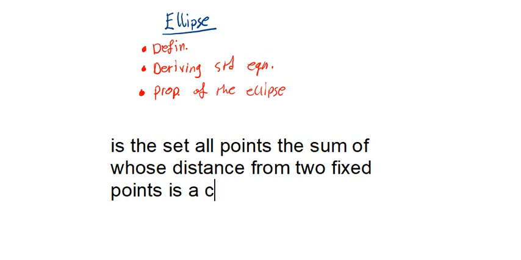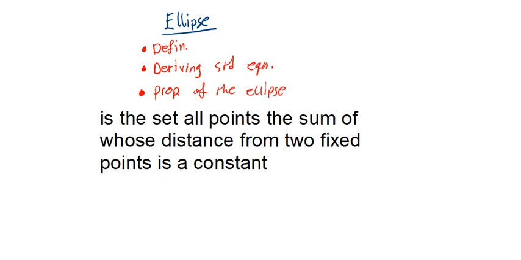Okay, so this is the simple definition of an ellipse. Even as we derive the equation of an ellipse, it's just going to come from this same definition. We say it is the set of all points where the sum of whose distance from two fixed points is a constant.